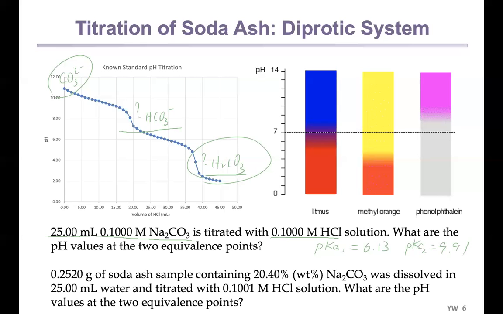So how do you calculate the pH of the system at this point? pH equals to pKa. Which pKa? So what's the basis of pH equals to pKa? Why?